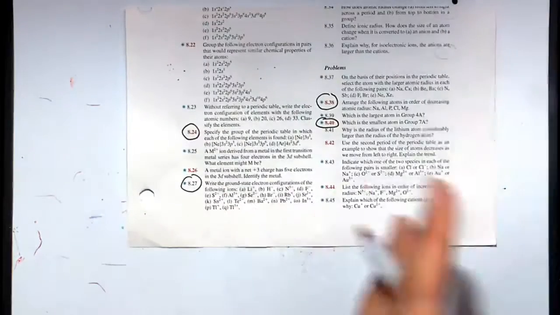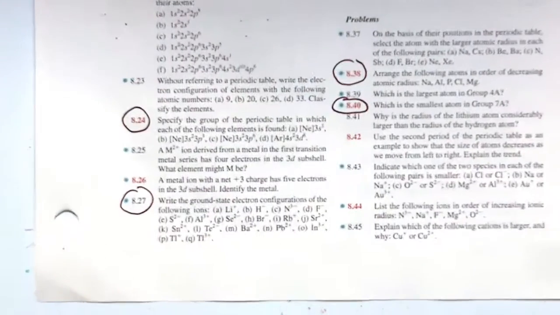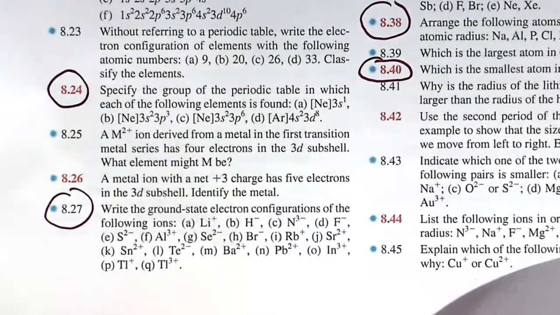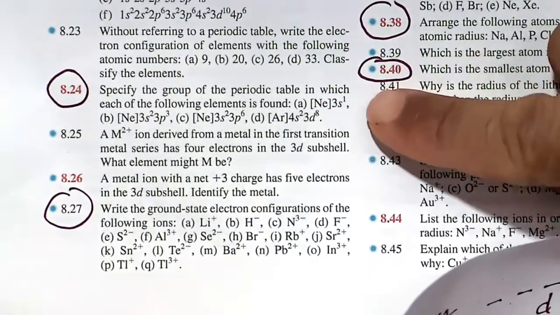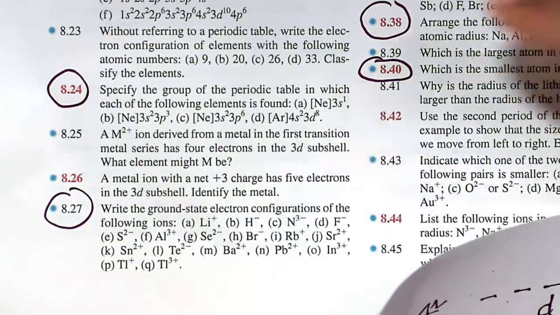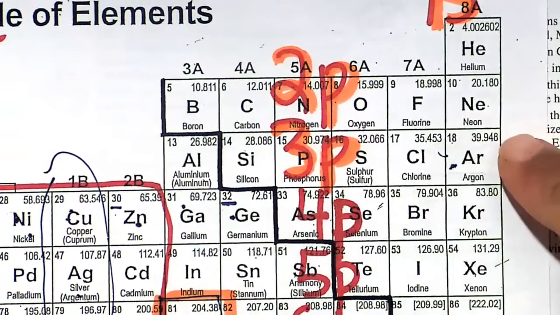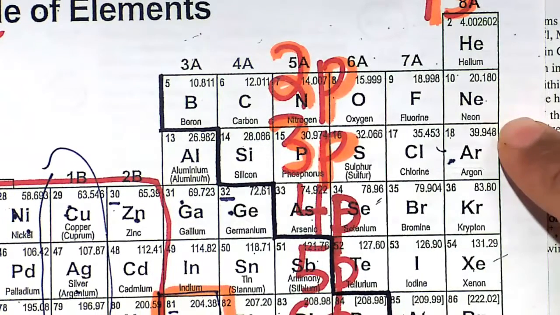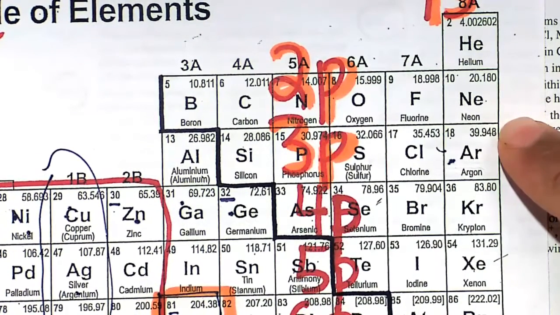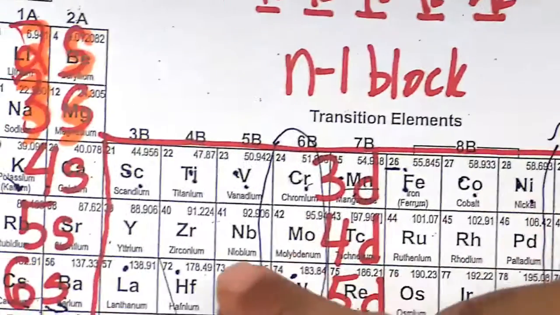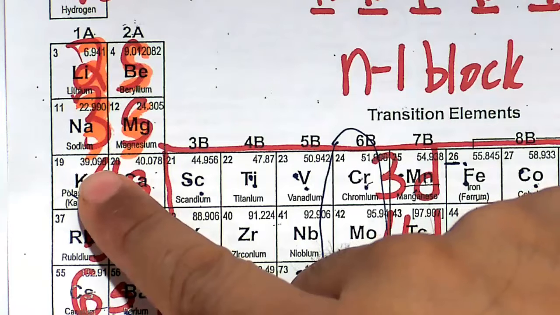The first problem asks us to determine the group. The group in the periodic table is the column in which the element resides. So neon 3s1. Neon is right here. It has 10 electrons, so the 10 electrons fill up their slots, and then we go to the 3s orbital, the 11th electron in sodium.